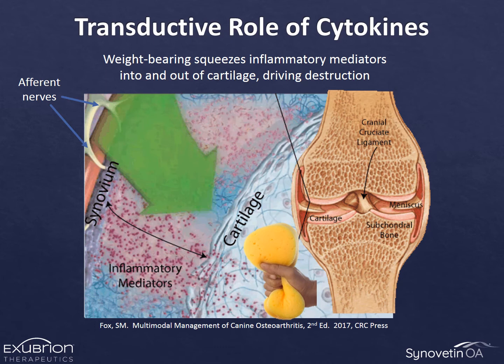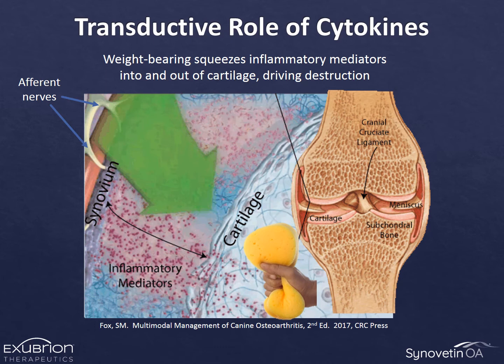As a patient loads and unloads the joint with weight-bearing activity, synovial contents move in and out of the cartilage matrix. Herein, the cartilage acts analogous to a sponge that's immersed in a bucket of water, where the water moves in and out of the sponge as it is squeezed. With weight loading, inflammatory mediators are forced from the cartilage into the synovial fluid, where they contact synovium of the joint intimal lining.